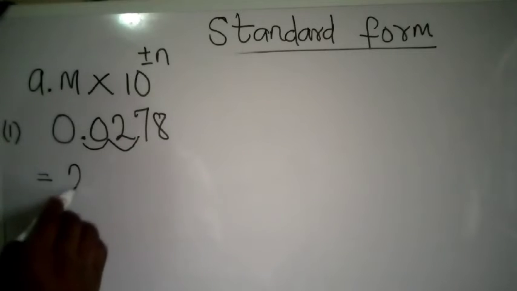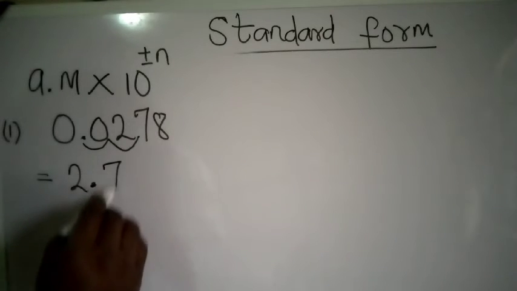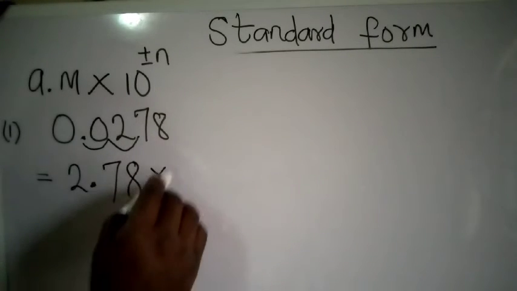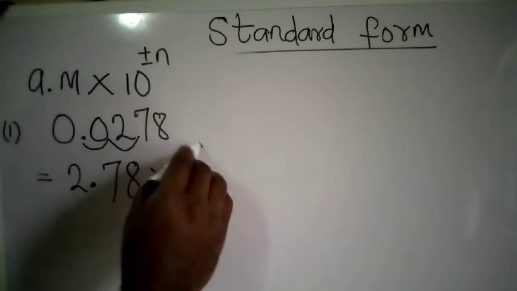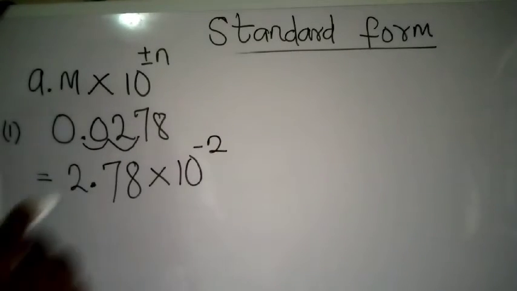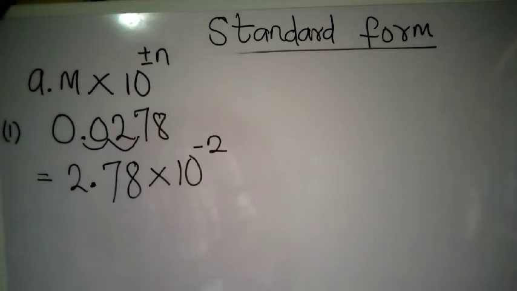That will give us 2.78. Remember, I move to my right, so I will attach a negative sign to the number of times I moved, 1, 2. Now, that is the first example for numbers less than 1.